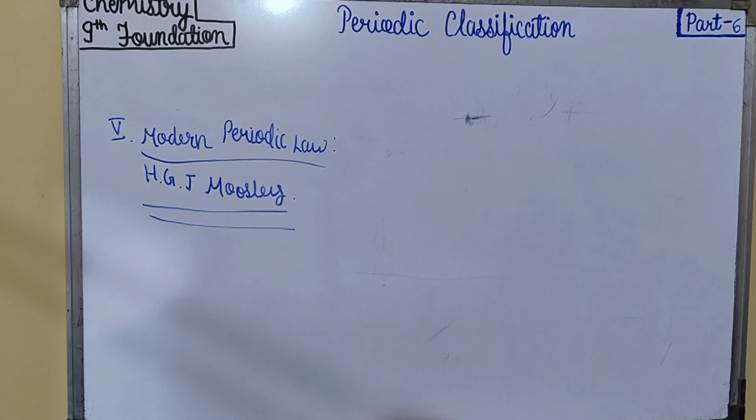X-rays are produced when fast moving electrons are bombarded on different elements, based on the various frequencies of X-rays obtained. Moseley plotted two different graphs.